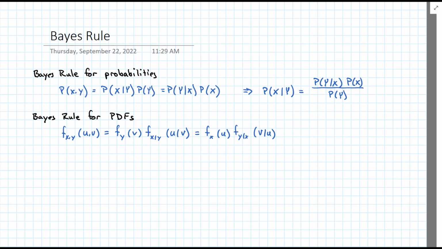As an aside, if x and y are independent, we get some nice little properties. So independence implies that the PDF of x given y is just going to be the PDF of x, and the PDF of y given x will just be the PDF of y.